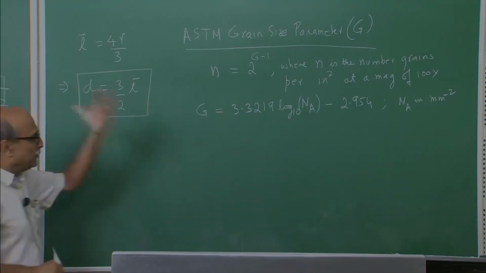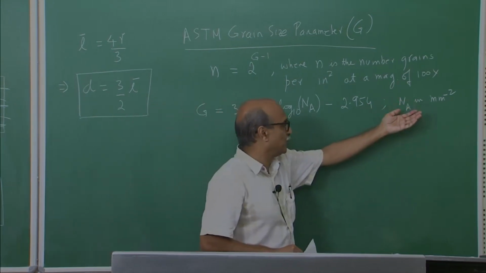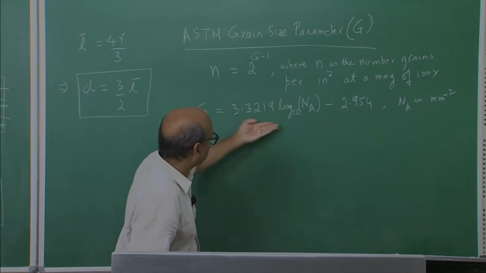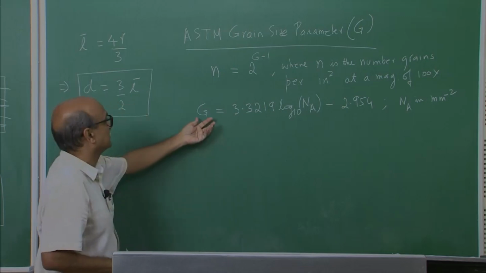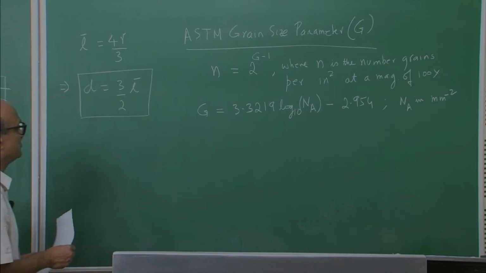So, in 1 millimeter square I have so many grains, I put it in this relationship and I get the value of the ASTM grain size parameter.